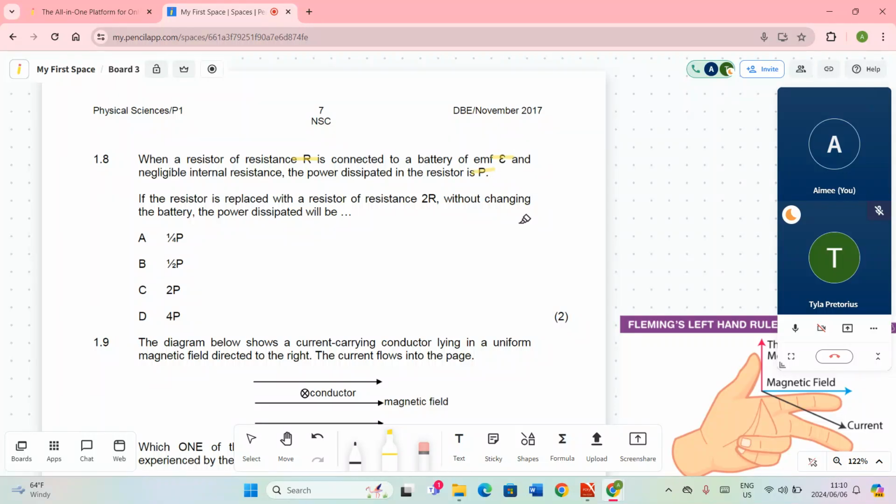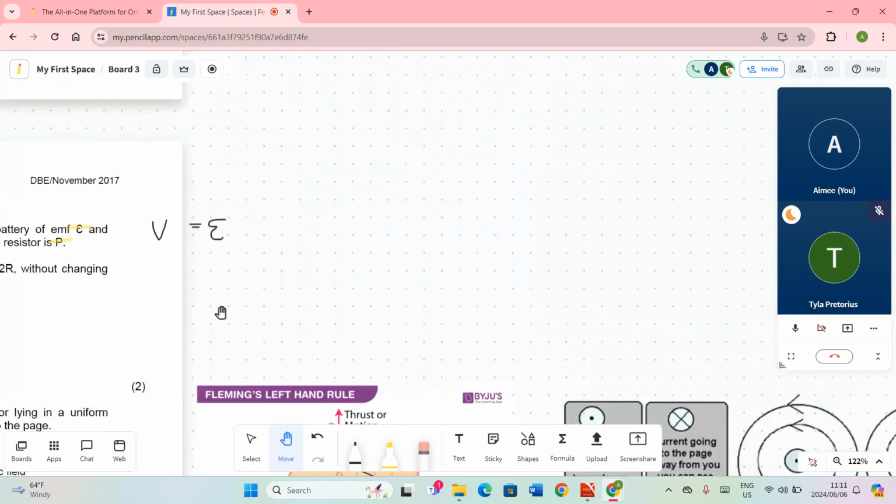But, okay, EMF, when there is negligible internal resistance, can also be written as V. Because EMF is only an applicable term when you have internal resistance, because it means that the EMF and the voltage will be different. But in this case, because we have negligible internal resistance, it means that V will be equal to EMF. So you're looking for a formula on your formula sheet that includes resistance, voltage, and power.